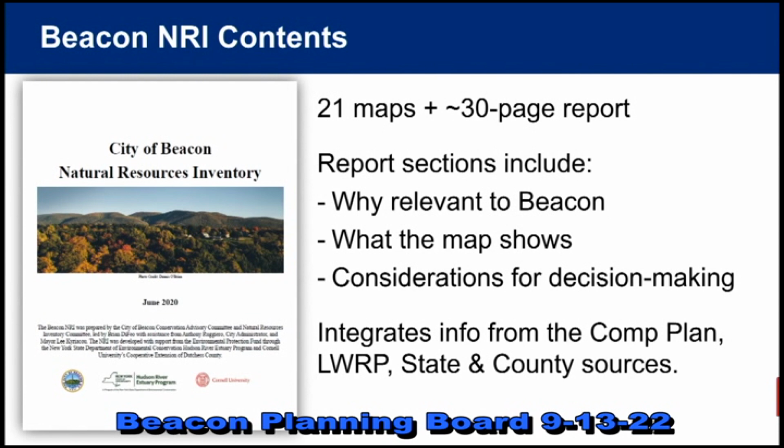But also at the end of the report, there are 2 chapters dedicated to considerations for decision making, and then a chapter for next steps, what to do with this tool afterwards.